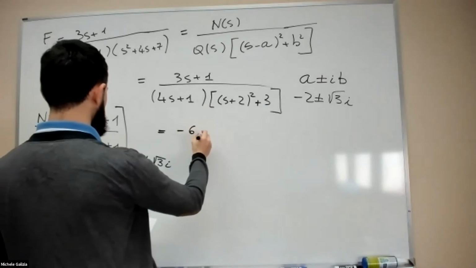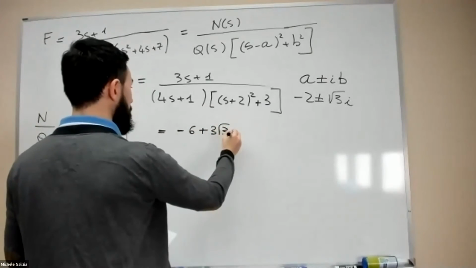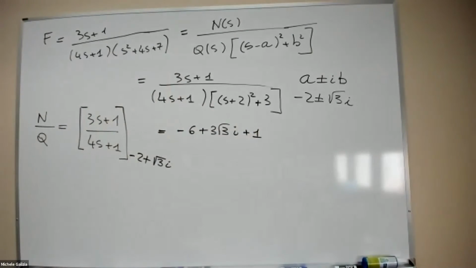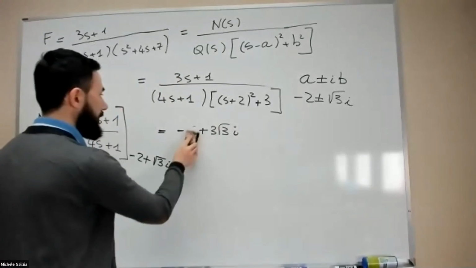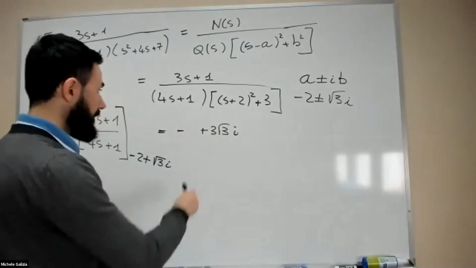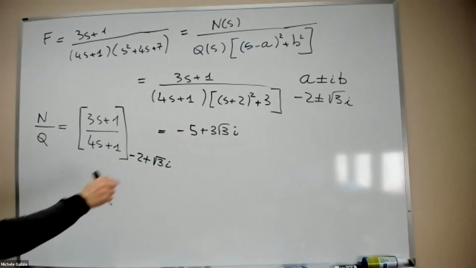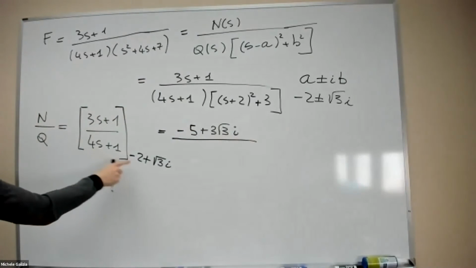-6 plus 3 square root of 3i plus 1. And so let me directly simplify as minus 5 plus 3 square root of 3i divided the denominator calculated there.